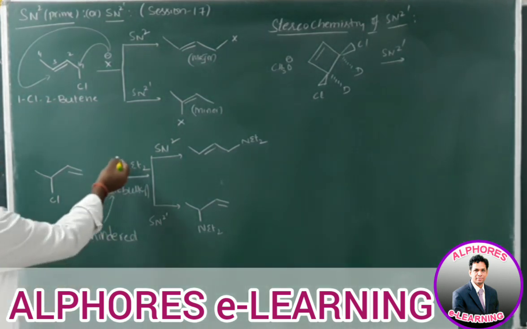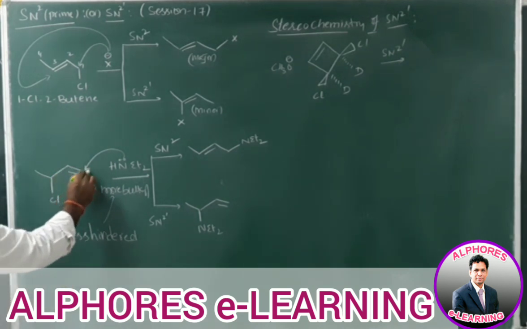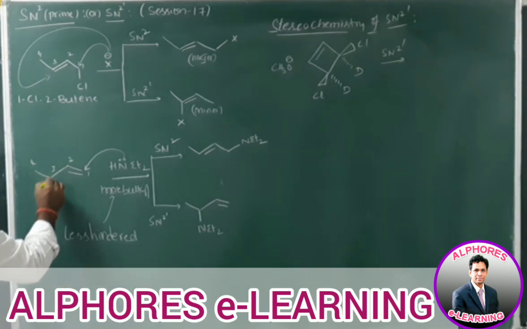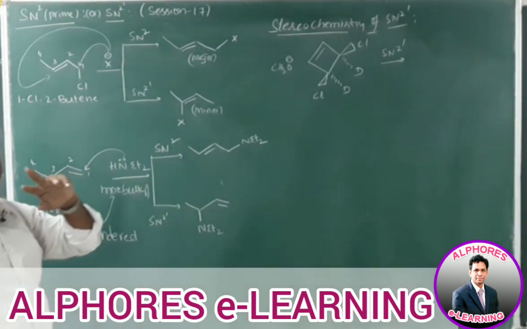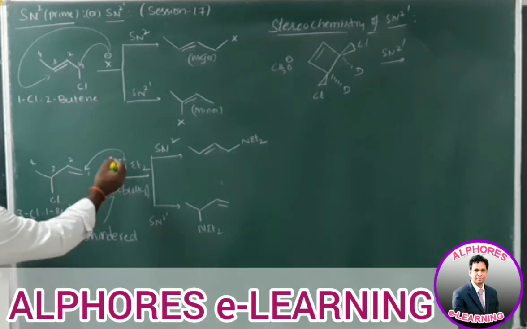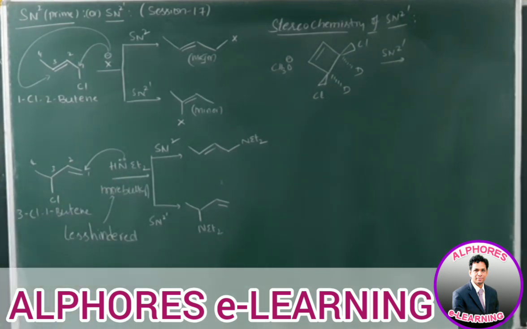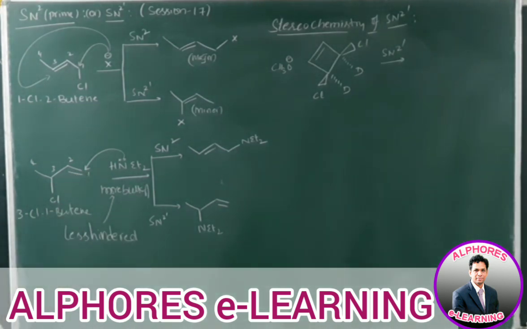In such a case, the nitrogen's lone pair will be donated to the first carbon. Here 1, 2, 3, 4, it is 3-chloro-1-butene. Previous example was 1-chloro-2-butene, where we noticed major and minor products. But when I consider 3-chloro-1-butene, the approaching nucleophile, even though it is neutral, being diethylamine is more bulky, so it prefers to attack the first carbon instead of the third carbon.